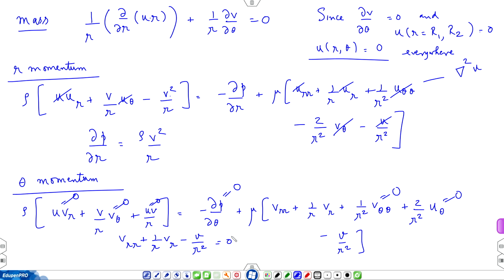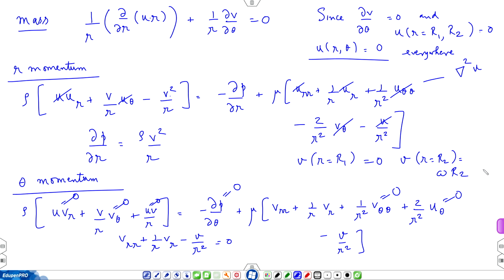What are the boundary conditions? By solving this equation with those boundary conditions, you will get the distribution of velocity.